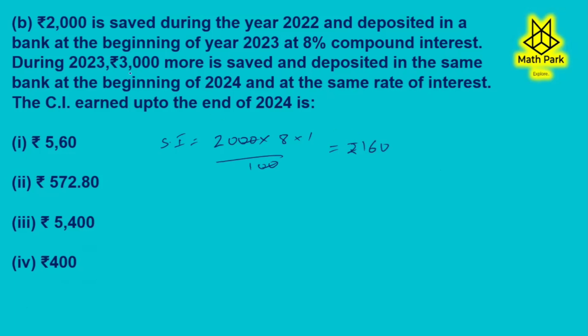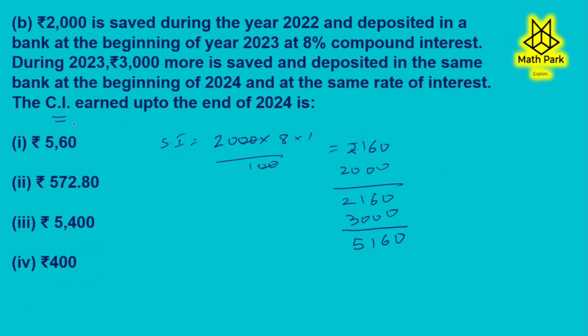Now for the second year, 3,000 more is saved and deposited in the same bank. So the amount here is going to be 2,000 plus 160, which is 2160, plus 3,000 more is added. So the principal becomes 5160 for the second year, that is 2024.